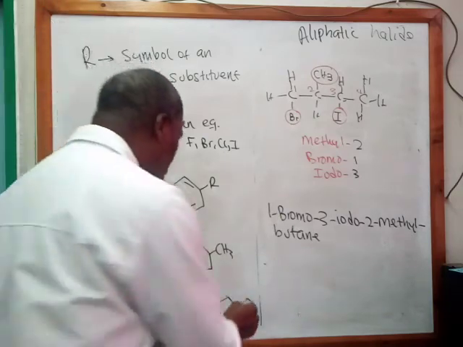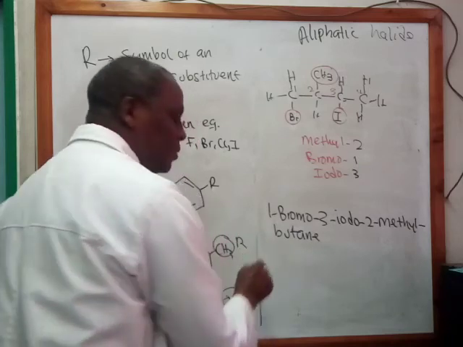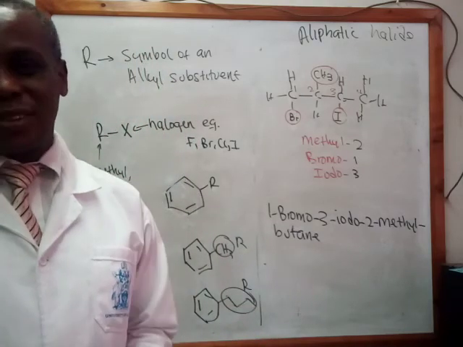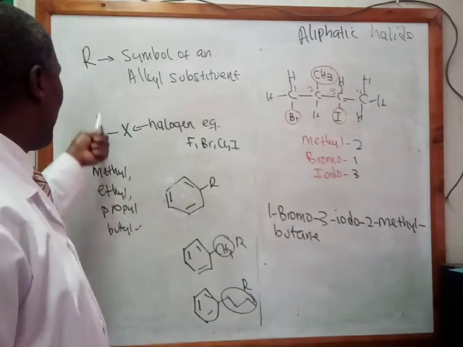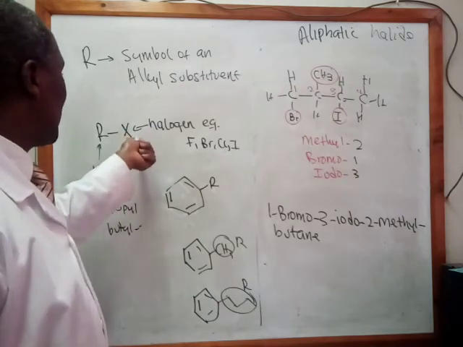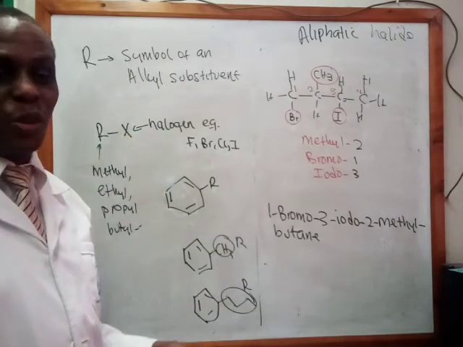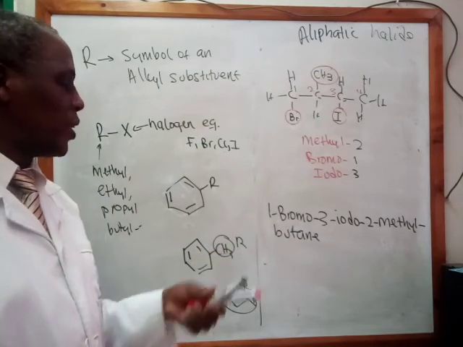So this is your R group. It's like a shorthand notation. So will you remember that? R is a symbol for an alkyl substituent. And you can put X when you do not want to specify whether you're dealing with a fluorine, bromine, chlorine, or iodine.